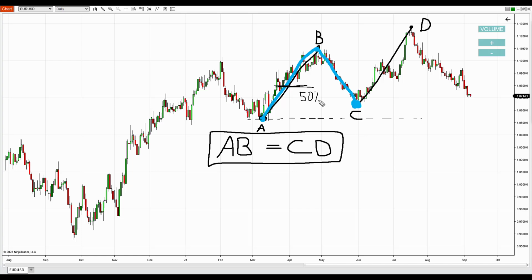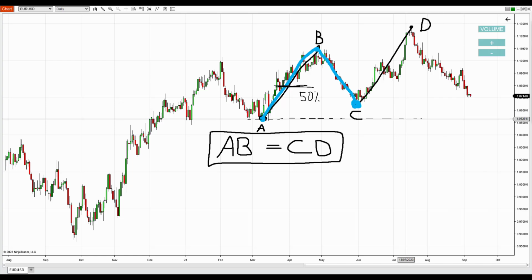In this case, it meets both those conditions. The point C is below 50% of AB, and it is above the point A. So from the point C, you want to look for the same distance as from A to B.